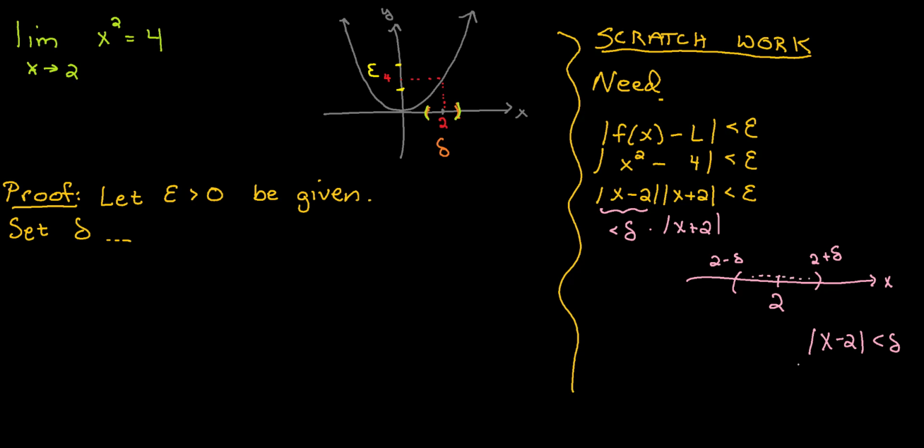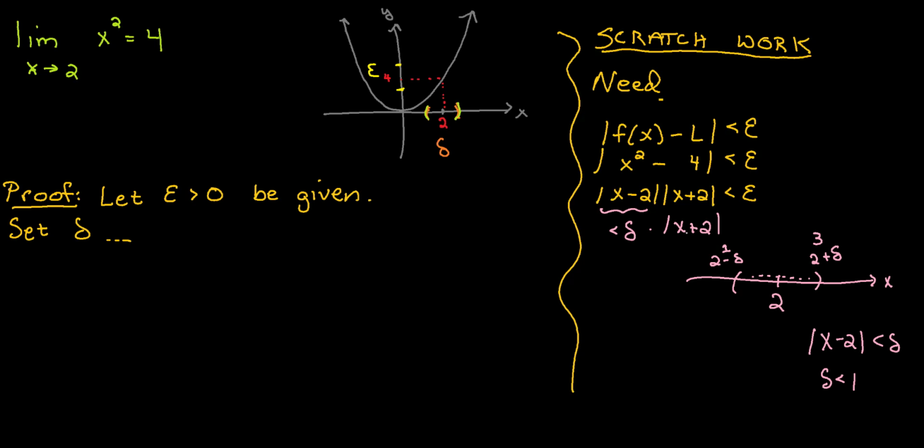So if I require delta to be less than 1, that tells me something about this x plus 2 quantity. If delta is less than 1, that means that this upper bound would be at most 3, and this lower bound would be at least 1.